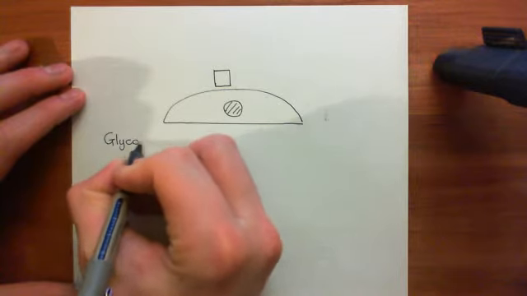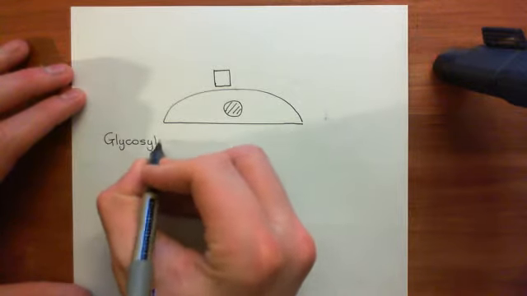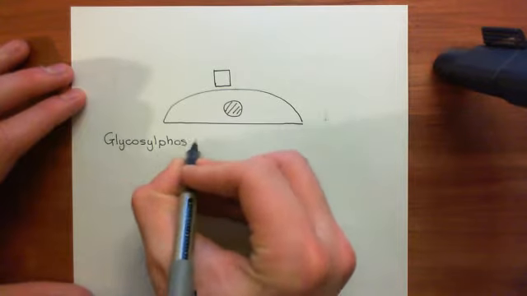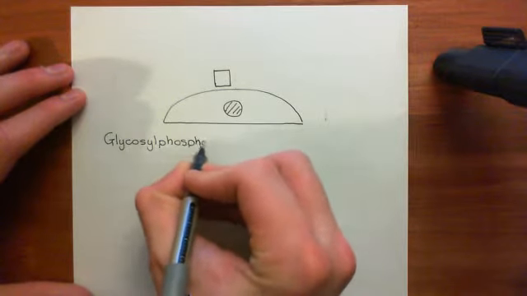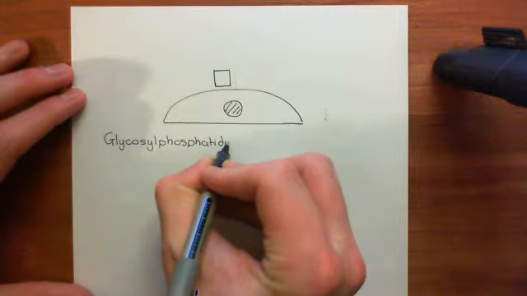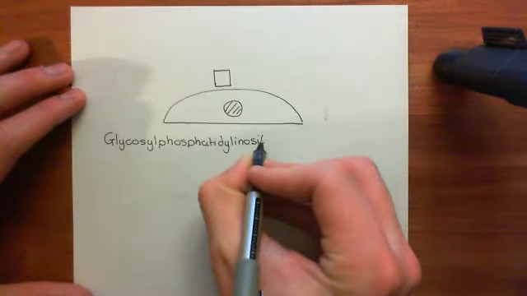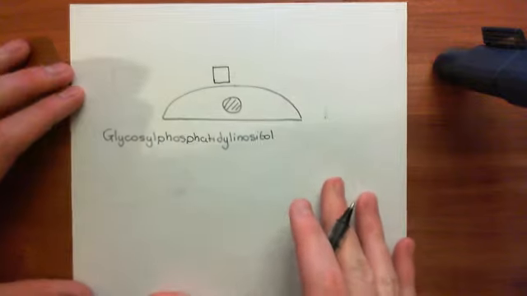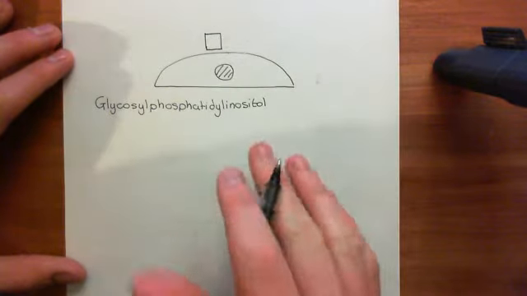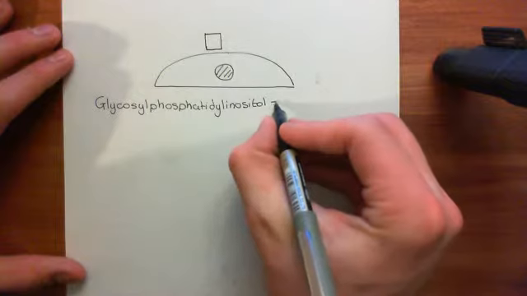I would just like to discuss with you what a glycosyl phosphatidyl inositol group is. And luckily, because of our extensive discussion of the structure of lipid molecules, we're actually in a good starting position to understand what a glycosyl phosphatidyl inositol group is.